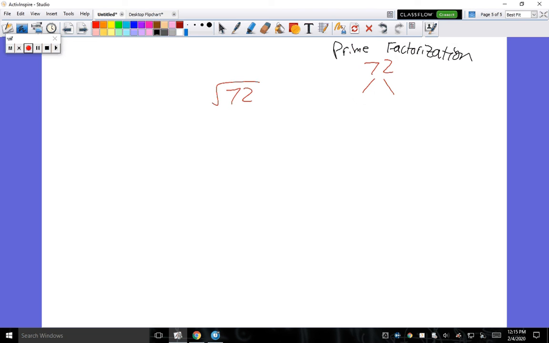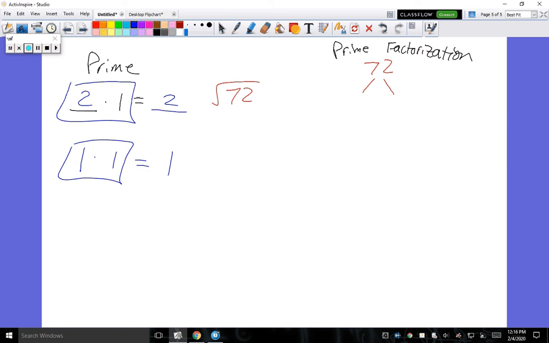For instance, what's the first prime number that you know of? 2. Because a prime number is when a number times 1 gives you the answer. Okay? These cannot be the same. That's why 1 is not prime, because these are the same. You with me?